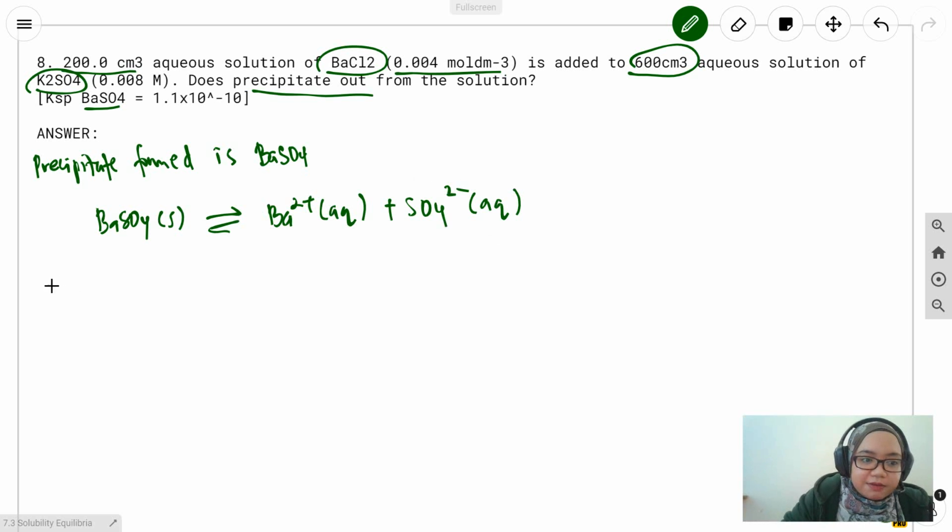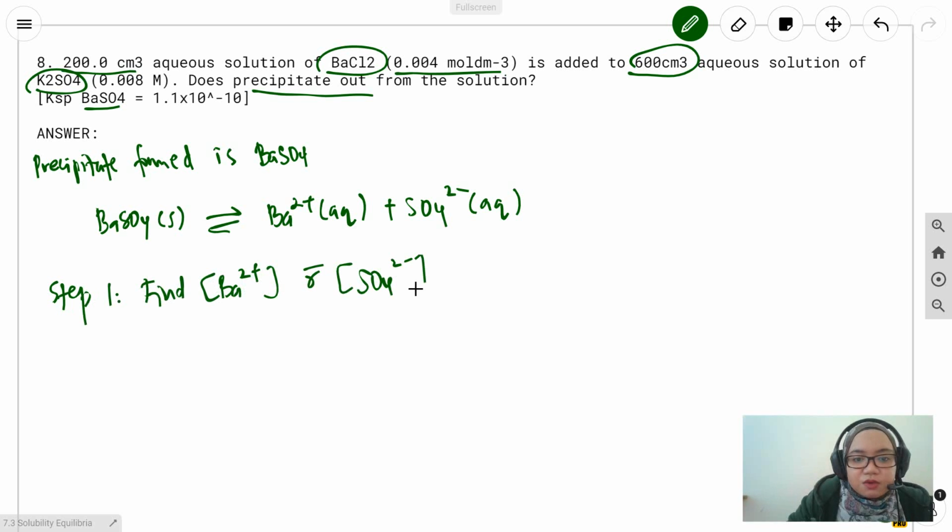So, step 1, find the concentration of Ba2+ and the concentration of SO4 2-.